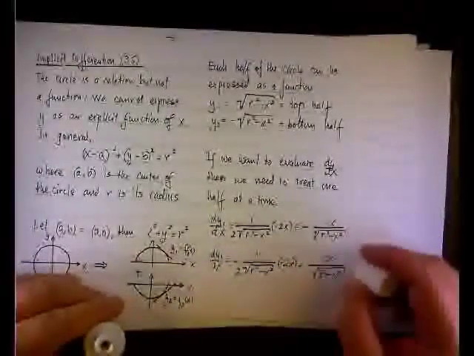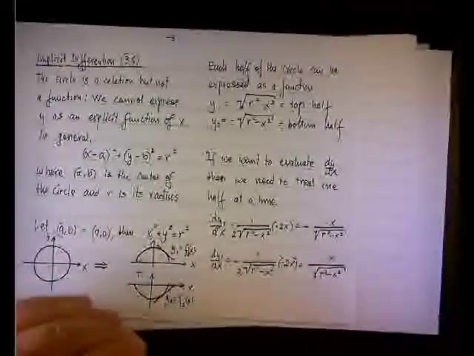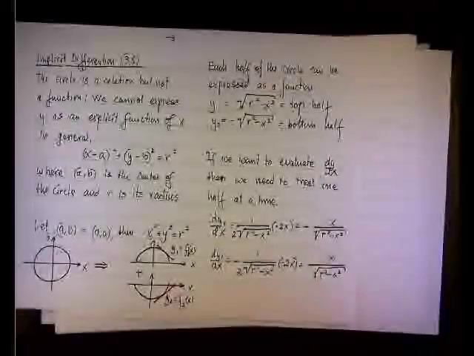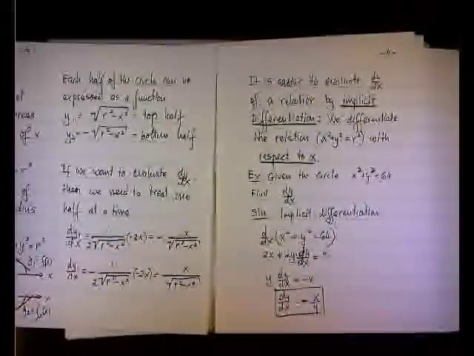So there is no 2 here, and there is no 2 here. Okay? I just realized that as soon as I was comparing the result of the implicit differentiation to the new result, I realized that I had something that doesn't add up. So make sure to correct this in your notes, please.